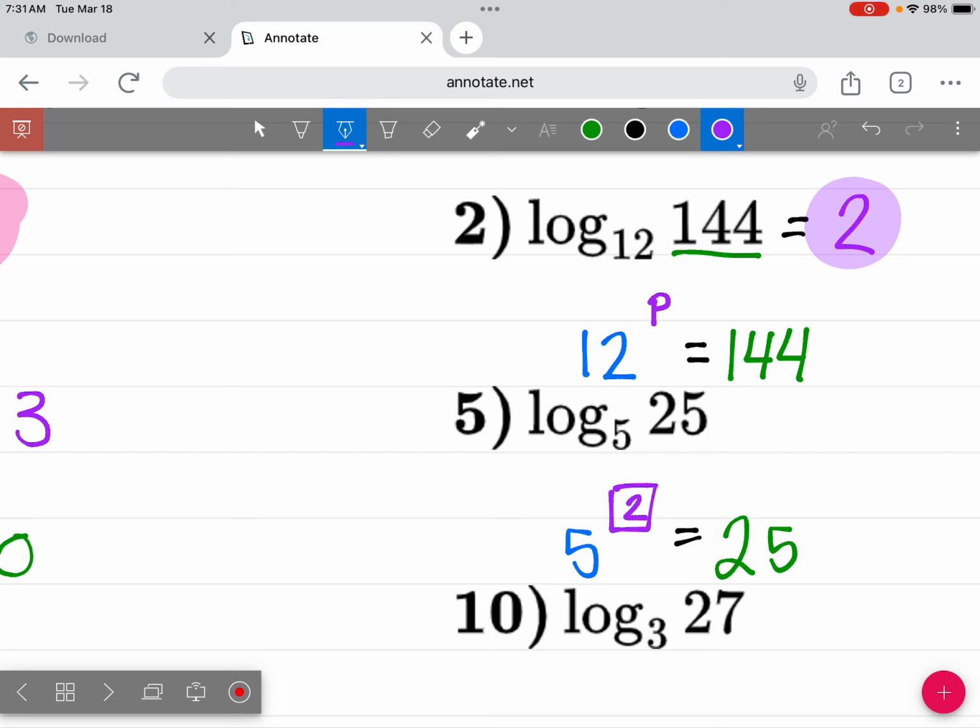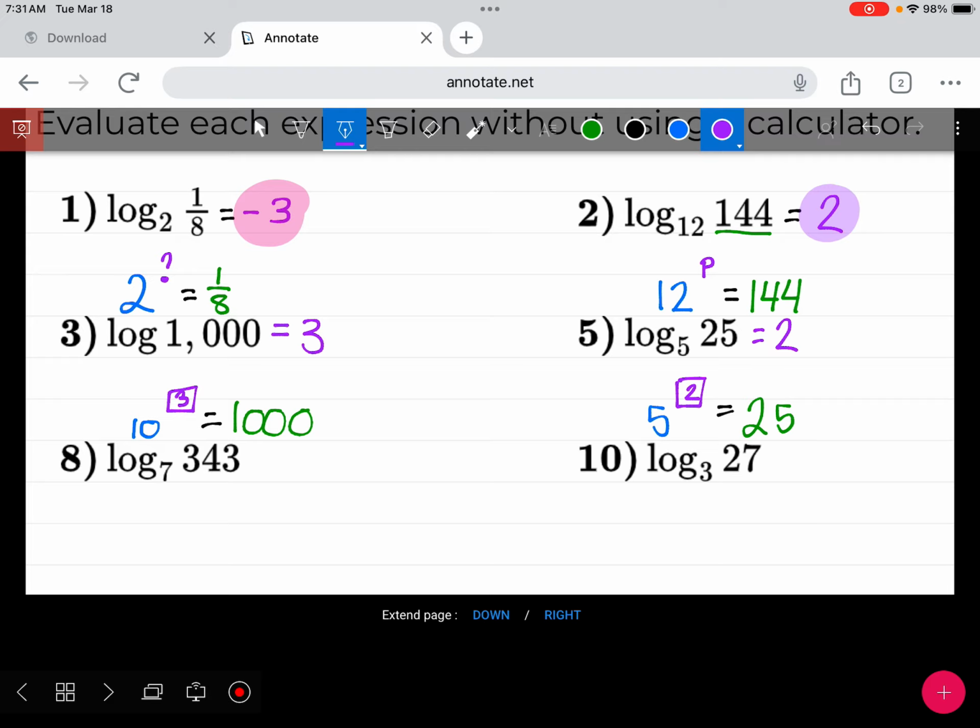You were thinking times, not to the power. So same vibe, different answer. So be careful. Log base 5 of 25 equals 2. It equals that power. When we're evaluating these, we're just trying to figure out what that power is.